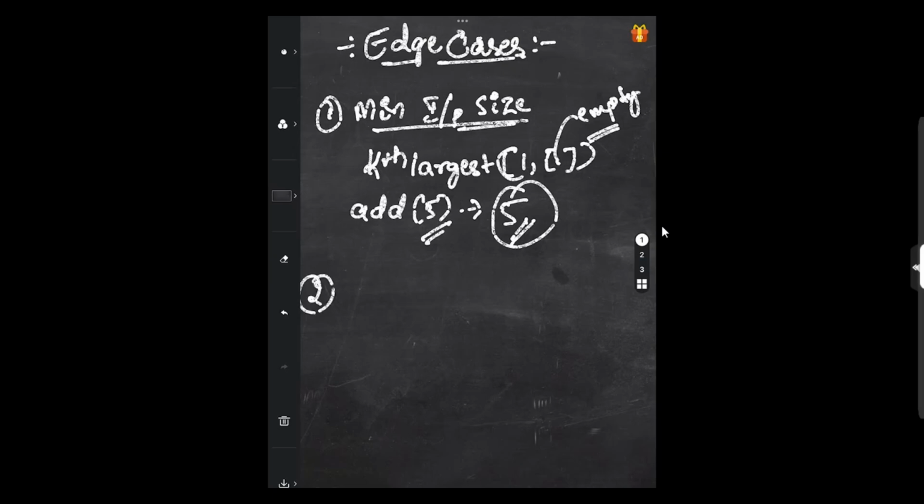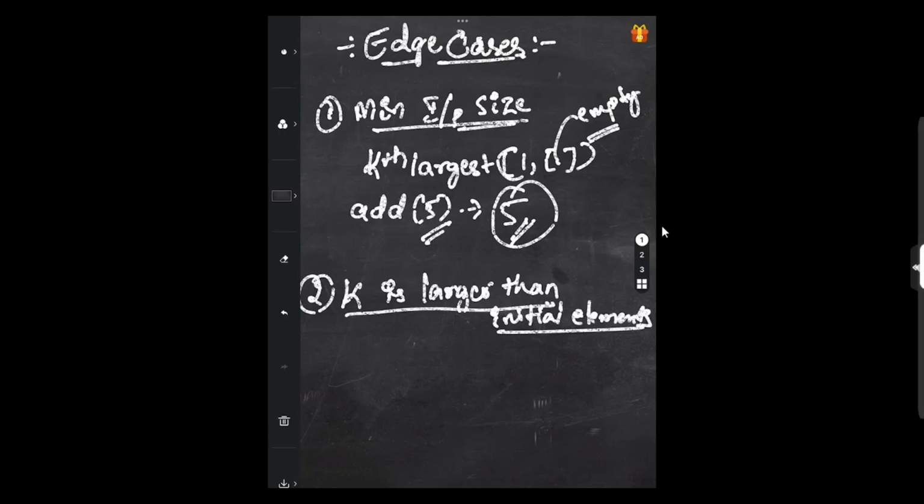Let's move on with the second edge case now. Here, k is larger than initial elements.